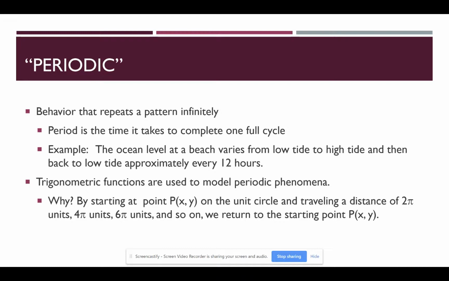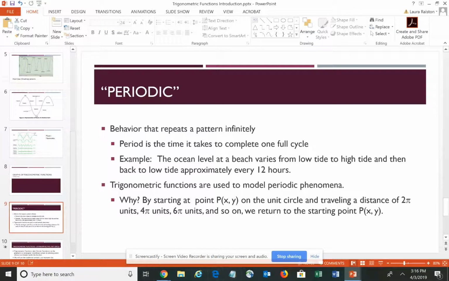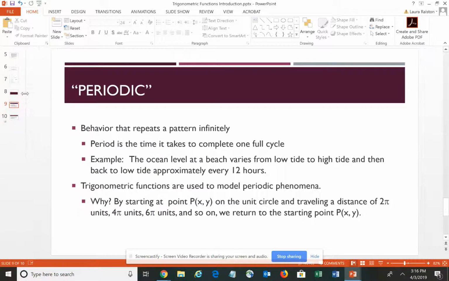This idea of periodic behavior can be modeled using trigonometric functions, because if you think about it, let me see if I can sketch you a little picture here which may help you see this idea.